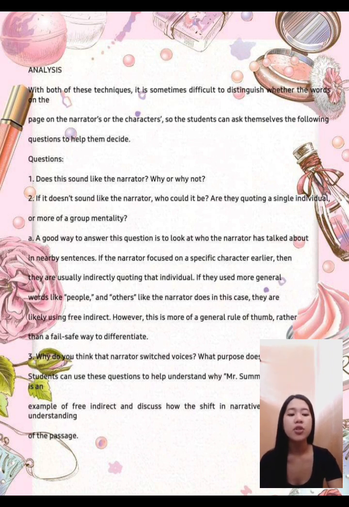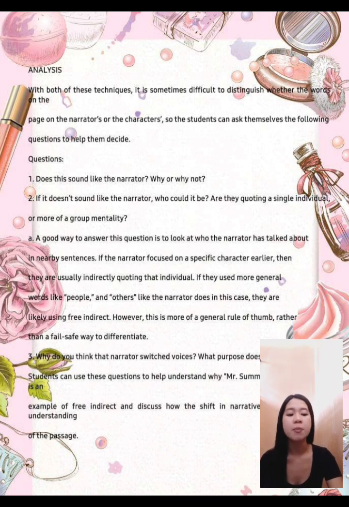A good way to answer the question is to look at who the narrator has talked about in nearby sentences. If the narrator focused on a specific character earlier, then they are usually indirectly quoting. If they use more general words like people and others, like the narrator does in this case, they are likely using free indirect.